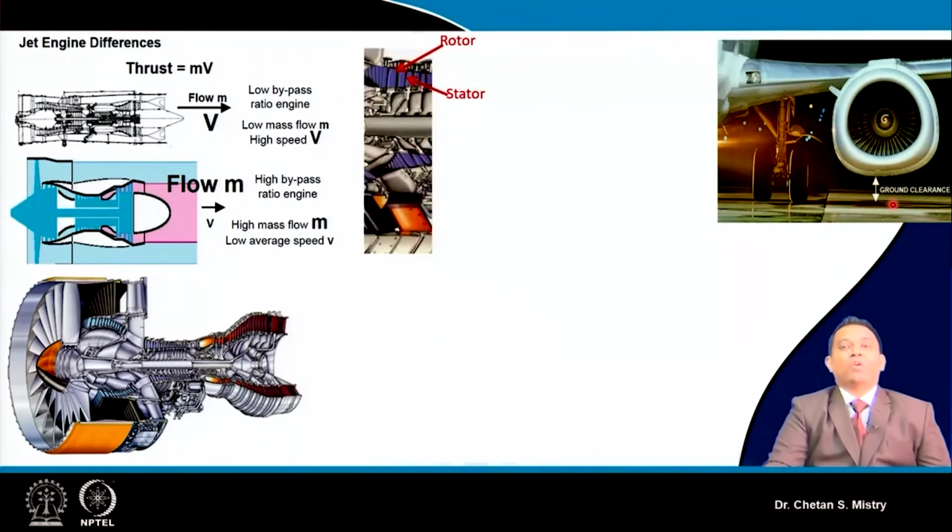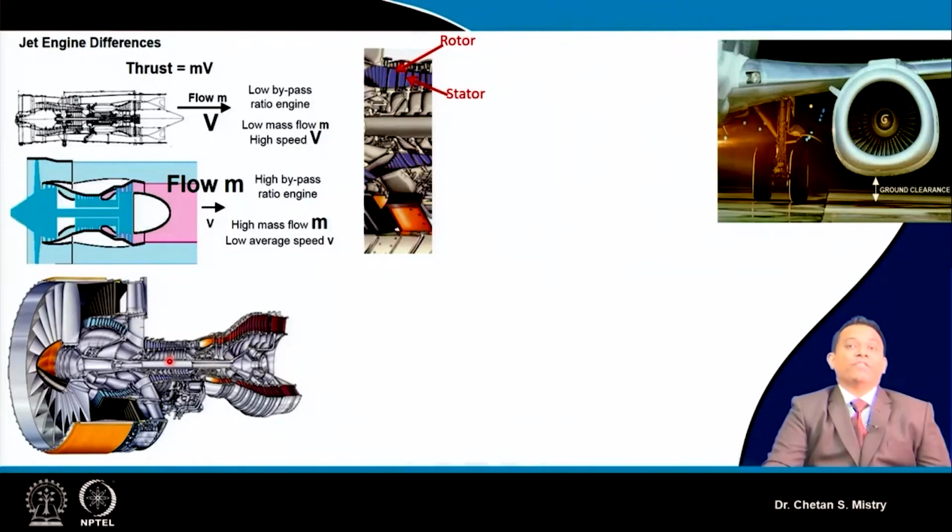Now one more thing: if you look at this engine, there is nothing wrong with it, but it has components that we call stator and rotor, which make a stage. For the LP compressor and HP compressor, we will have more stages in order to have a higher total pressure rise, or a higher overall pressure ratio.